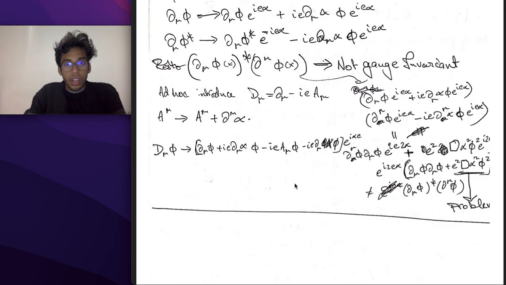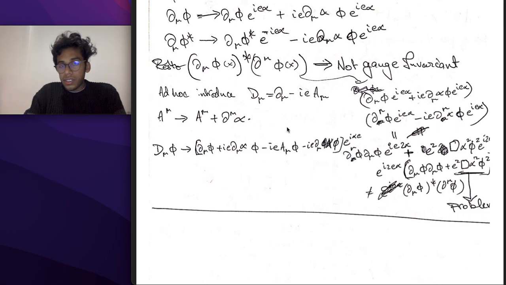Right, so what happens here is really cool because you introduce in an ad hoc manner this dou mu minus i a mu, and you see that you need to bring in a mu, which is a spin one field, a spin one potential and all that kind of stuff.